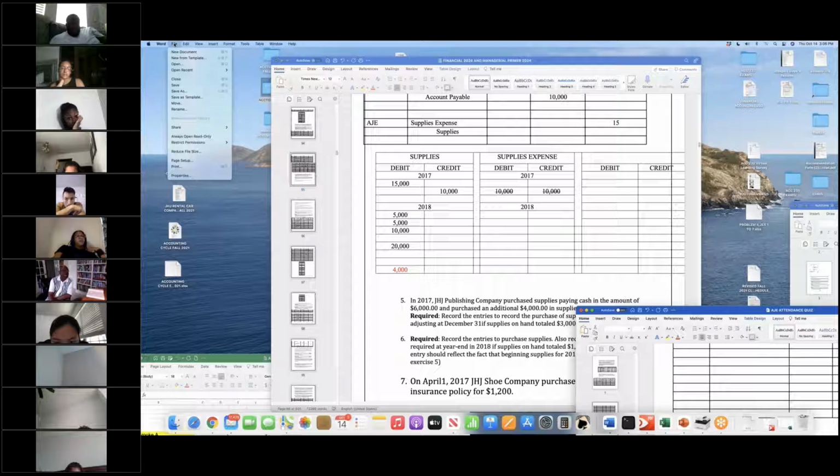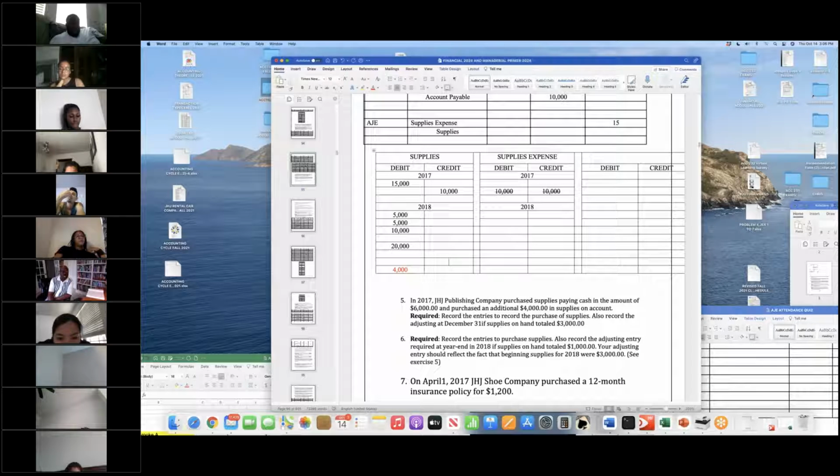Sounds like a good number to me, because it's always the difference. What credit do we need? And we put 16,000 in the expense account.